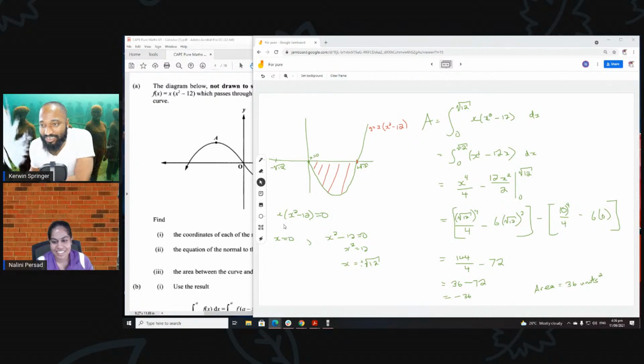Anyhow, so x squared minus, what we do, we integrate this curve. We expanded and we integrated nicely between 0 and the root of 12. This was really nice though, because when you substitute root 12 to the power of 4, you're getting something nice.